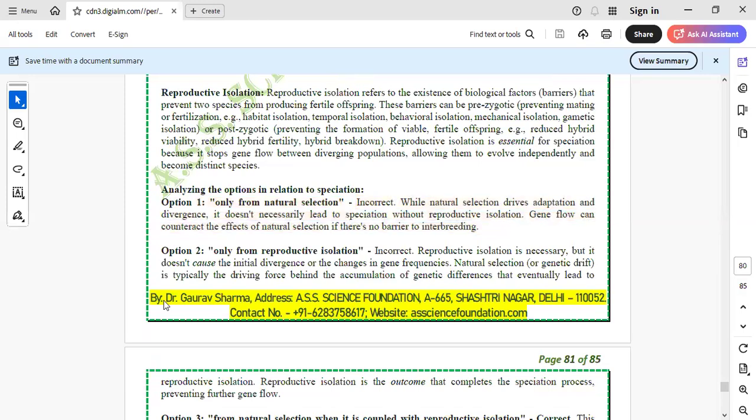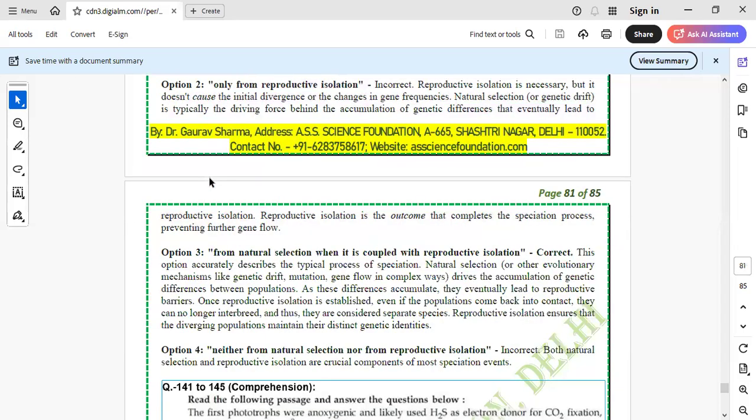Then the second option, only reproductive isolation, not possible. You should have natural selection also. Reproductive isolation is necessary, but it does not cause the initial divergence or change in gene frequency. Natural selection or genetic drift is typically the driving force behind the accumulation of genetic differences that eventually leads to reproductive isolation. Reproductive isolation is the outcome of the speciation process, preventing future gene flow. So reproductive isolation and natural selection both should be there. Then only we can say, okay, it will happen.